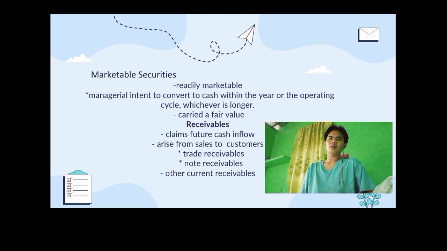Examples of marketable securities include treasury bills, short-term notes of corporations, government bonds, corporate bonds, preferred stock, and common stock. Investments in preferred stock and common stock are referred to as marketable equity securities.